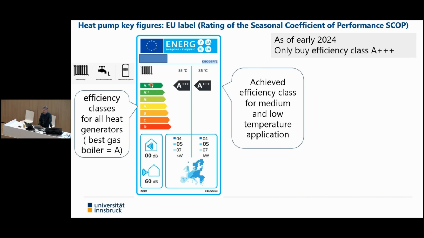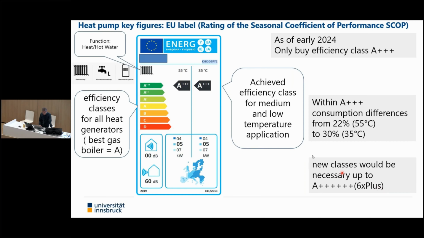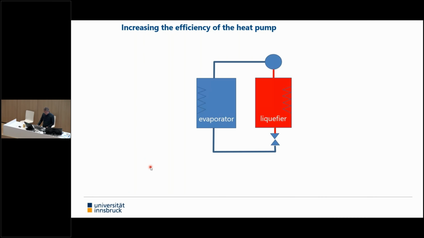So 3 plus is the minimum, and more is not on the label. So you have to look at the precise values of what the machine really can perform. And the best would have 6 plus, so really, really efficient ones. And you see what it is used for, heating or domestic hot water, and you also see the sound rating, the noise emission, and the power.